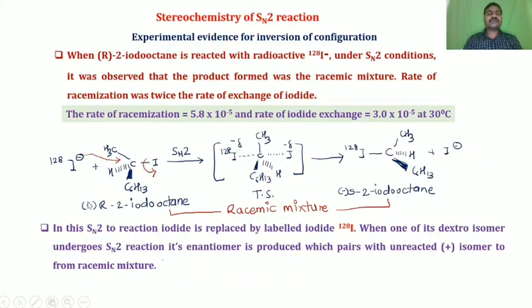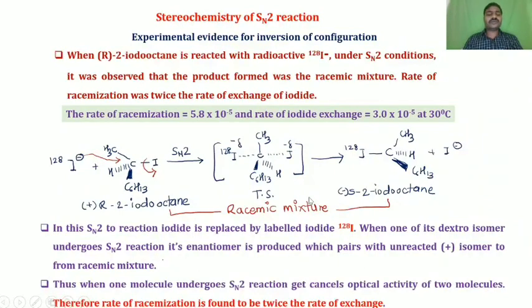So here you can see this is the plus isomer and this is the minus isomer. When one isomer is converted into minus, this minus pairs with the unreacted plus and forms a racemic mixture. Thus when one molecule undergoes SN2 reaction, it cancels the optical activity of two molecules. Therefore the rate of racemization is twice the rate of exchange of iodine.